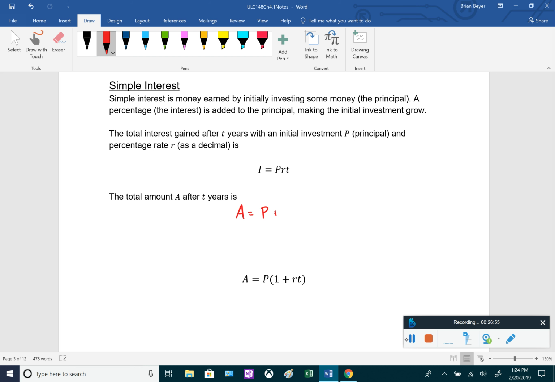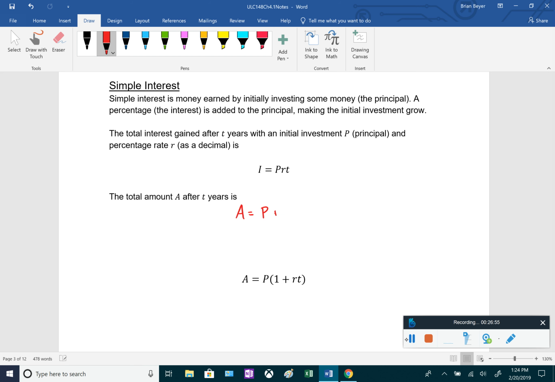So let me explain these variables real quick. So A, which we kind of already have, but I'll write it down anyway, is going to be the total amount after t years. P, once again, is the principal, which is the original investment.